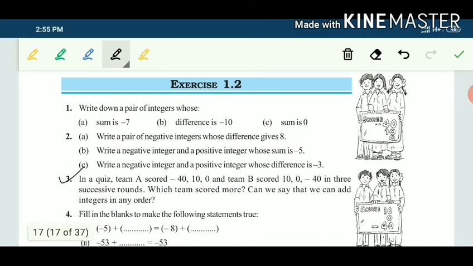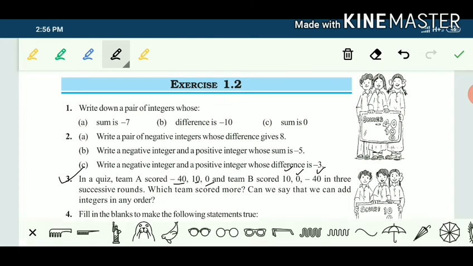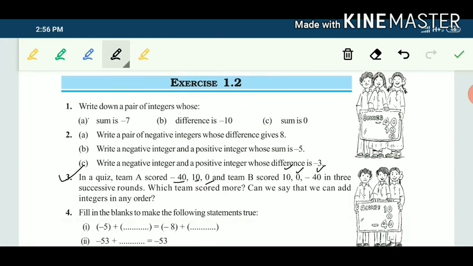Question number 3. In a quiz competition, team A scores minus 40, 10 and 0, and team B scores 10, 0 and minus 40 in 3 successive rounds. Which team scores more? So we have to find the sum of the scores of team A and the sum of the scores of team B, then compare which team scores more.